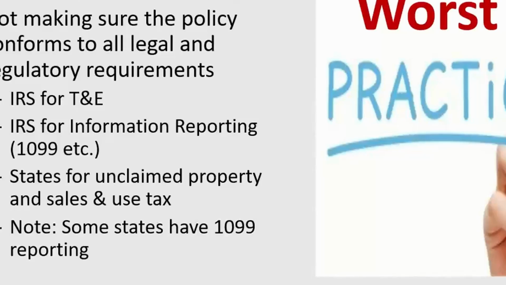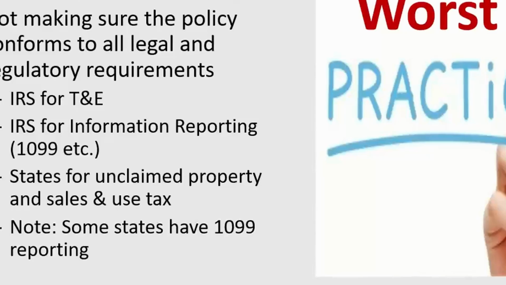It's one thing not to put best practices in your policy and procedures manual because you're not using them. It's another thing to have a policy or a procedure that does not conform to IRS guidelines for, let's say, information reporting, for expense reporting, for your state unclaimed property or sales and use tax, etc.